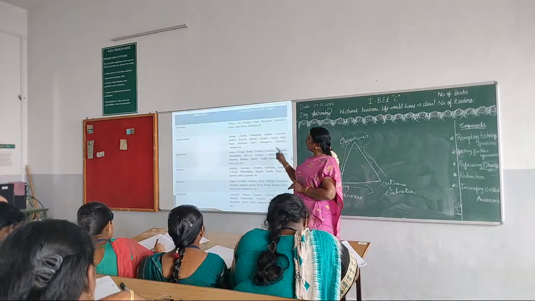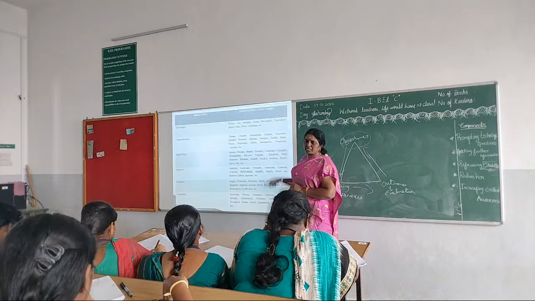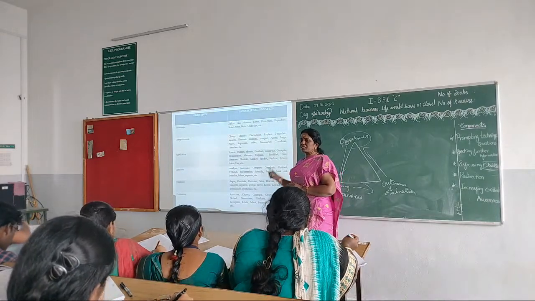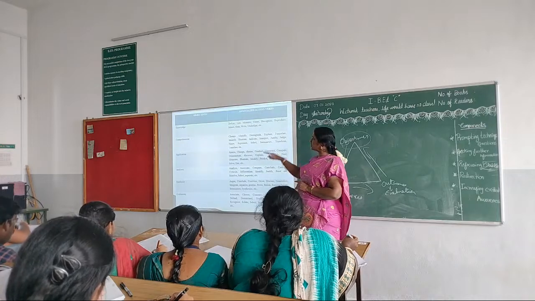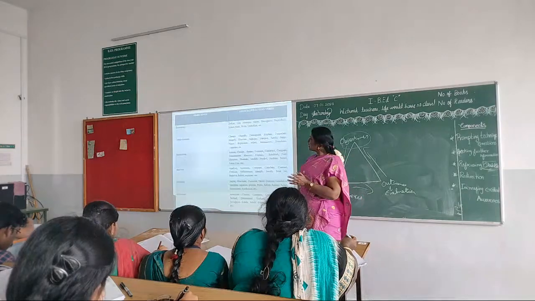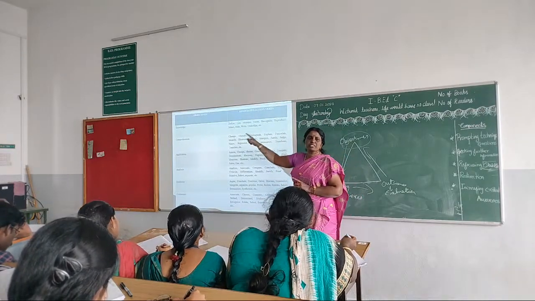The action verbs related to these objectives are listed here. I will give you the same list translated into Tamil also. So you have to use these words only in order to achieve these objectives.